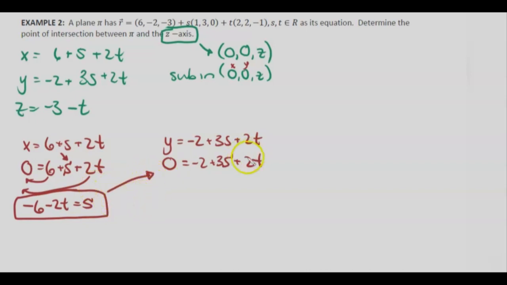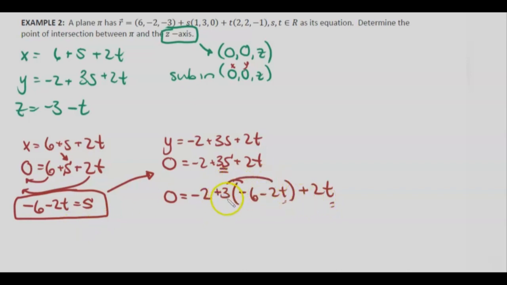We're going to substitute this s into where the s is in the second equation. So let's go ahead and go 0 equals negative 2 plus 3. I'm going to substitute in the s, negative 6 minus 2t, and then plus 2t. Now we have one equation. The only unknown that we have is t, and now we can solve.